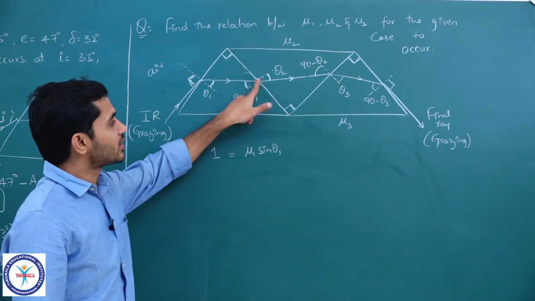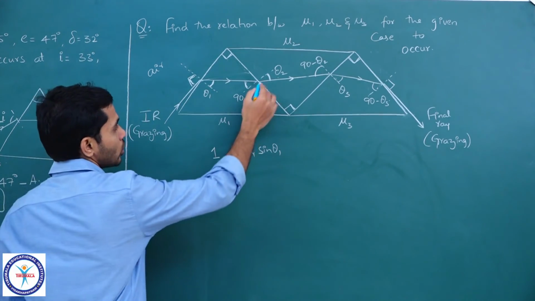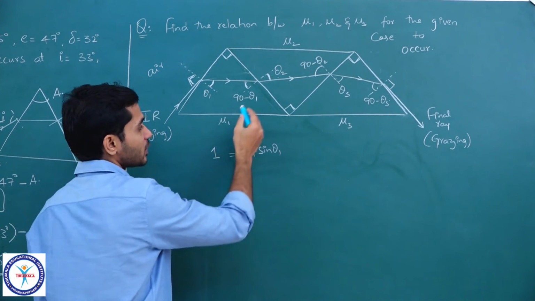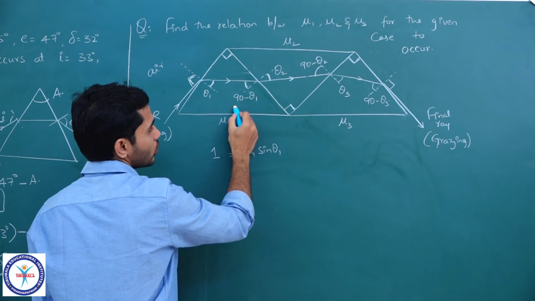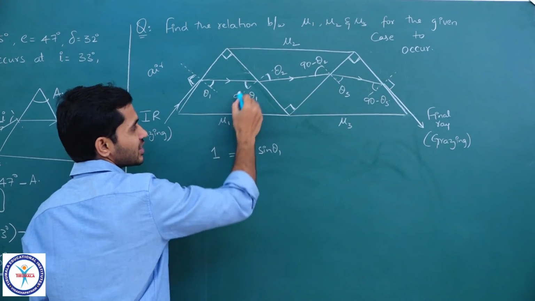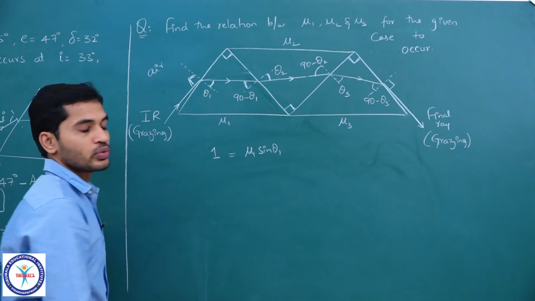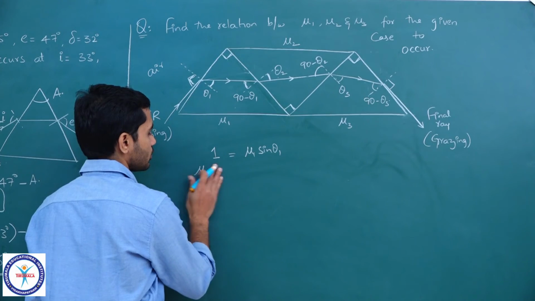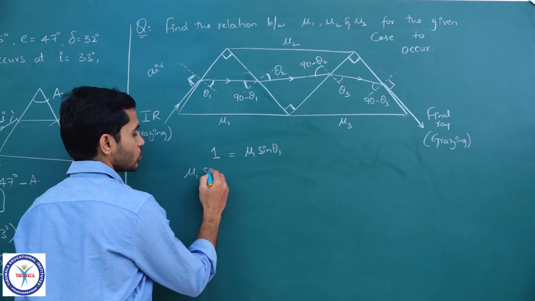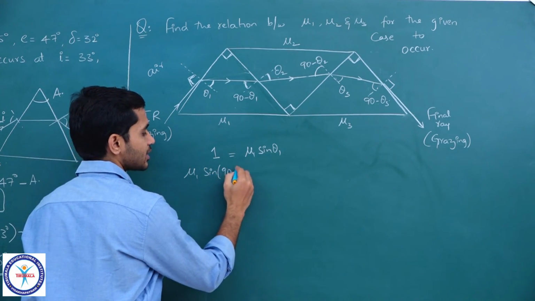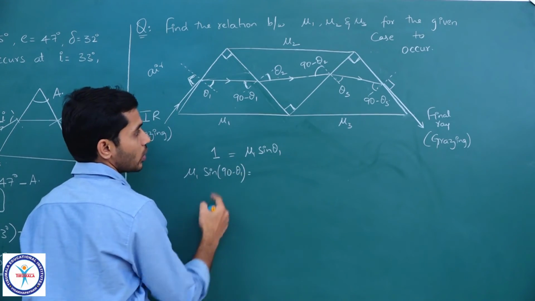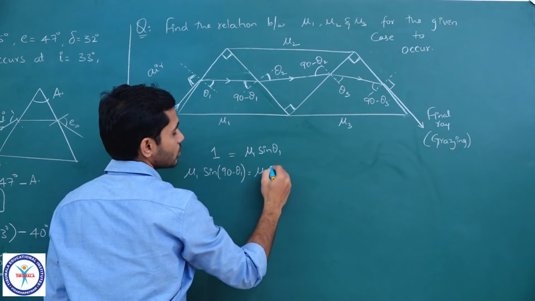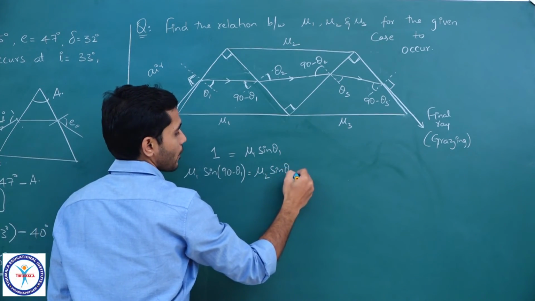Similarly, if I write Snell's law for this surface, what do I get? In this particular scenario we have mu 1 into, this is the angle of incidence at this surface, so mu 1 into sin 90 minus theta 1 is equal to, for this, mu 2 into sin theta 2, correct.